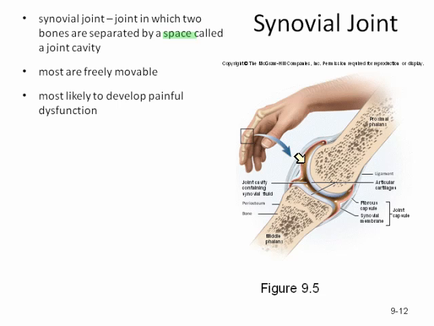Here are fingers. This here would be the metacarpal, right there, and this here would be the phalange, right there. And so you can see that space between the metacarpal and the phalange, there is a space between those two bones that are located there.